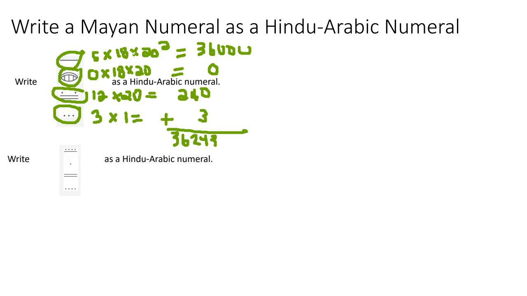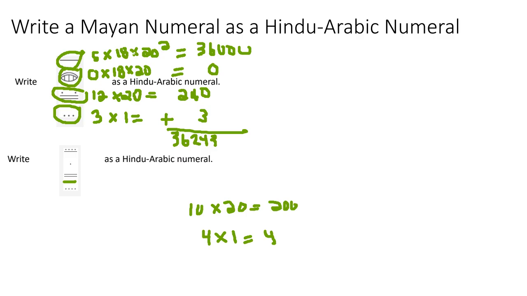Okay, so let's do the next one. We have 4 dots. So I'm going to write it here. So 4 times 1, and that's 4. Then we have 5 and 5, so that's 10. And that's in the 20th group. So 200. And then we have 1 dot.